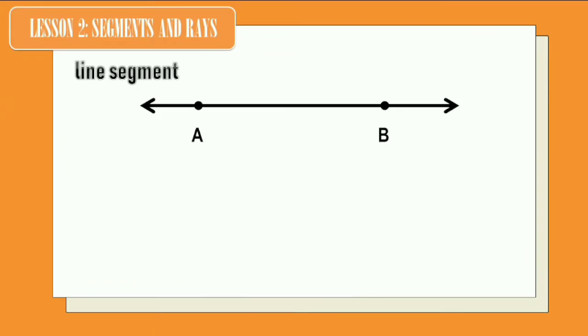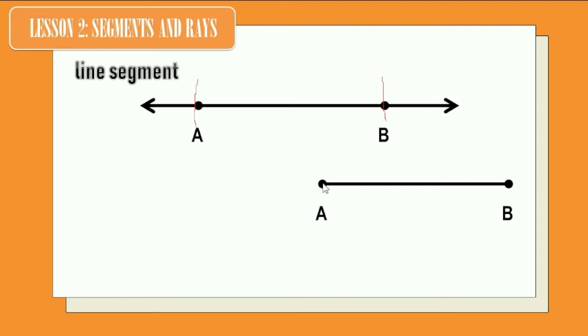Example natin dito. Let us begin with a line segment. Ito yung ating line. Tapos, ika-cut natin siya into these points, A and B. So, magiging ganito na siya. Ayan. Meron siyang 2 endpoints.